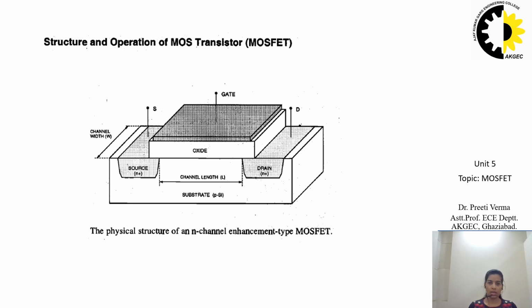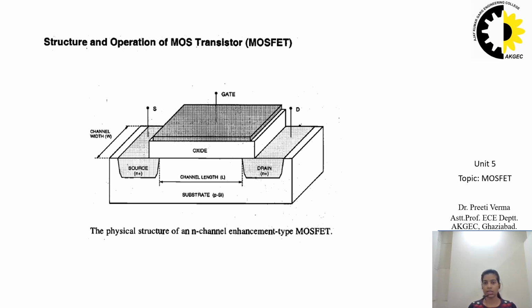And if we talk about the classification based on their fabrication structure, then we have enhancement type MOS and depletion type MOS. Under the enhancement type MOS, we have two categories: N-channel enhancement type MOS and P-channel enhancement type MOS.